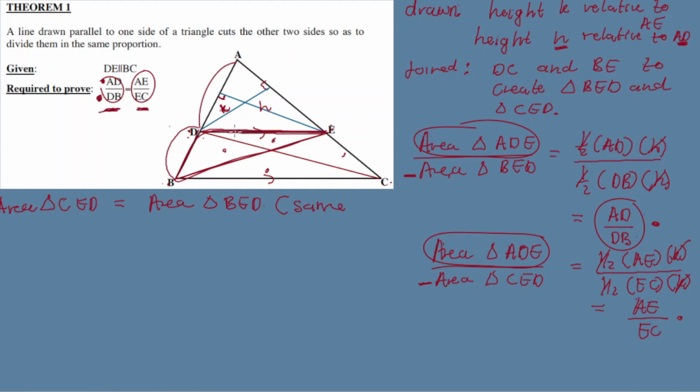This is the base I'm talking about. This triangle and this triangle share a common base. If we take BE, DE as the base, they have the same base. So that's why I say this area is equal to this area, because they share the same base.